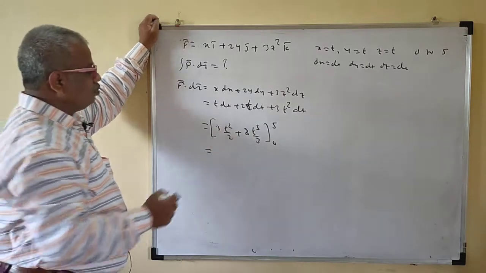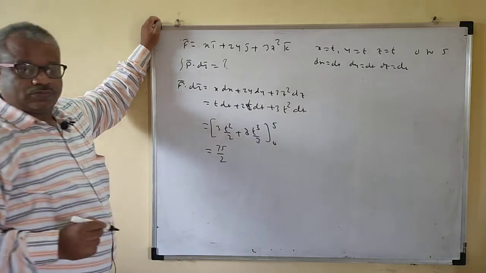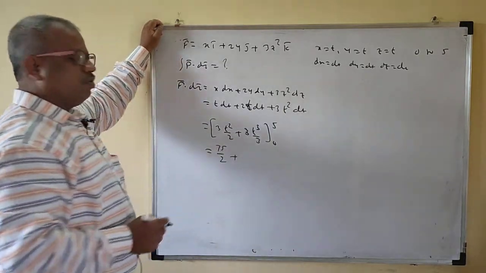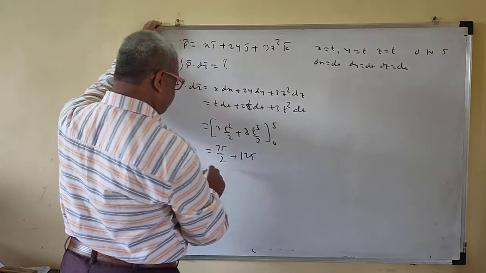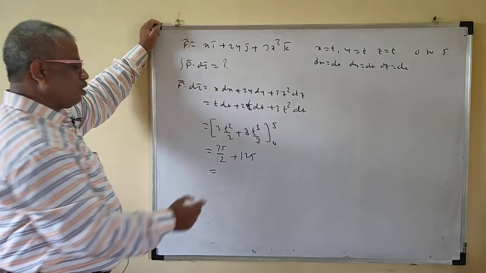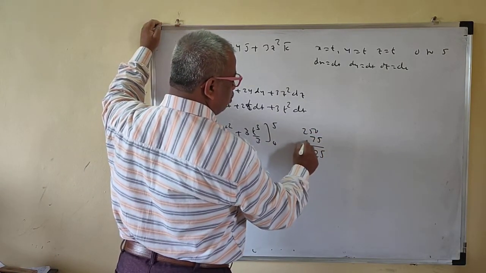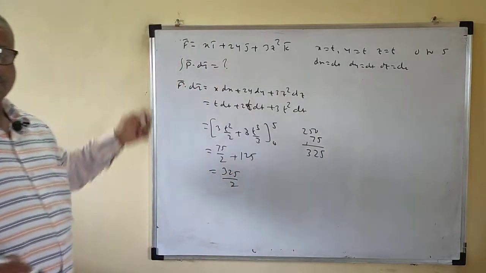So this is 75 by 2 plus, the 3 gets cancelled, 5 to the power 3 is 125. So 250 plus 75, this is 325 by 2. This will be your answer.